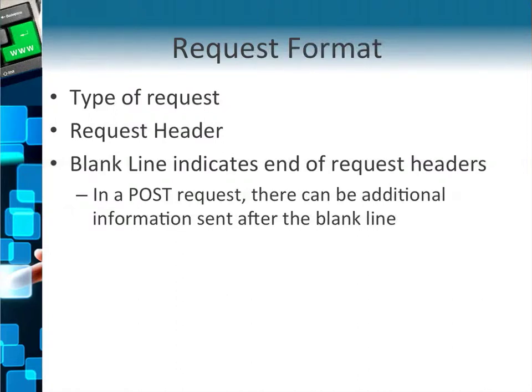Which leads to the second part, which is the request header. So type of request, request header, and once we finish, a blank line indicates the end of the request headers. And like I said, if it's a post request, there can be additional information after the blank line.